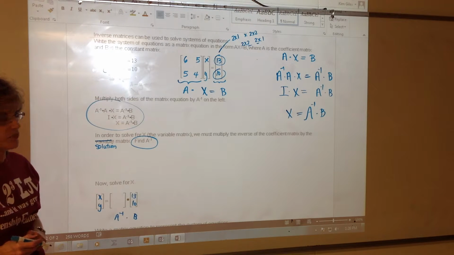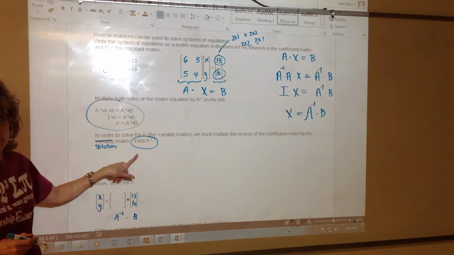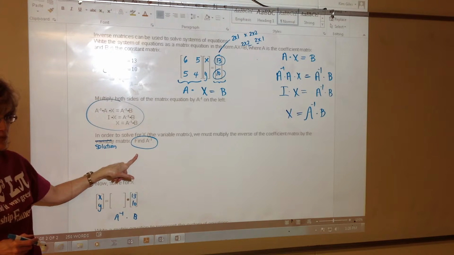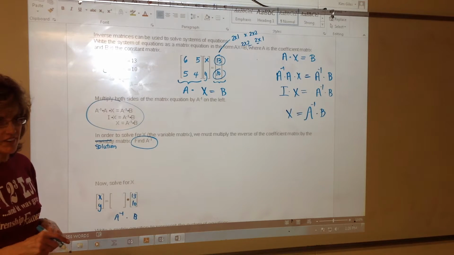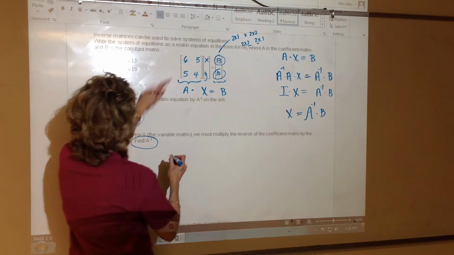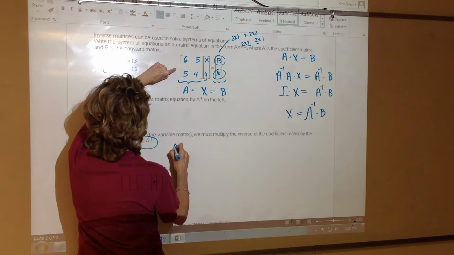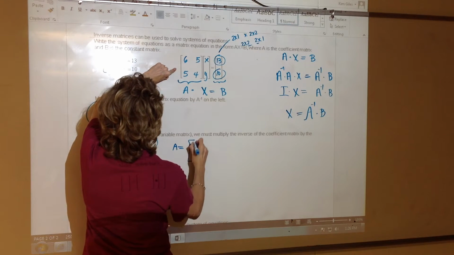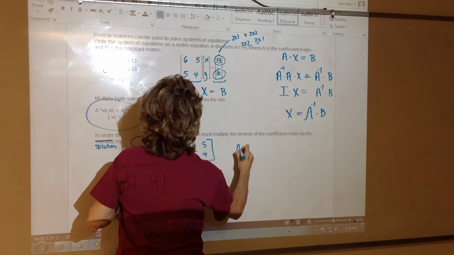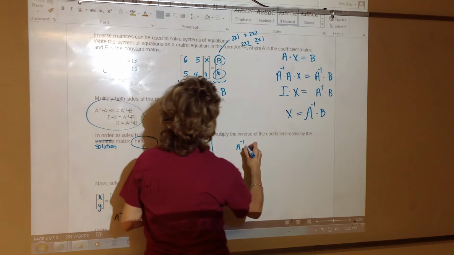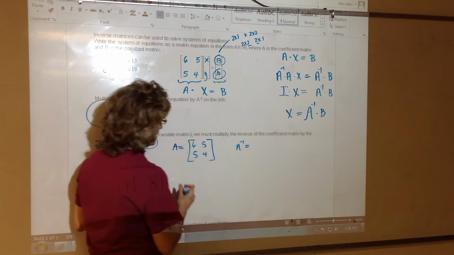So here we go again. To be able to find A inverse, you remember the process? It's a process that you just have to memorize. 1 over the determinant times a modified version of the original matrix. So if A is 6, 5, 5, 4, then A inverse is, you've got to help me find it.